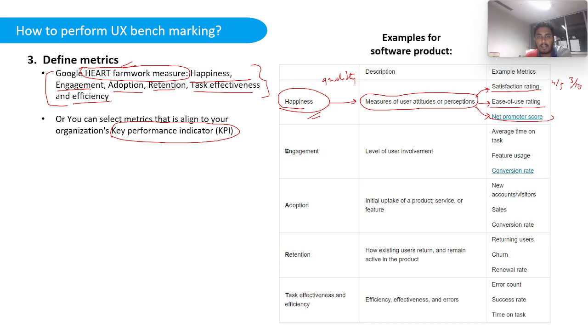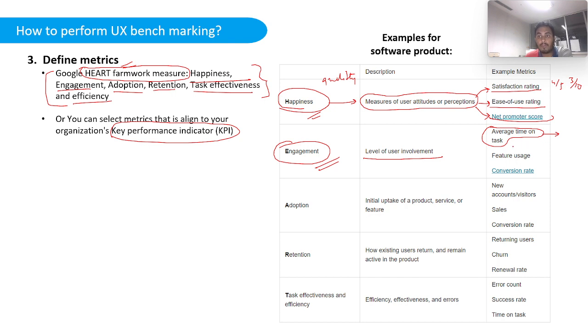Engagement, another qualitative measure. That means what is the level of engagement the user has when he is using that particular product. The way you can measure that factor is by measuring the average time on task. This may be a good measure of engagement, but there may also be errors.